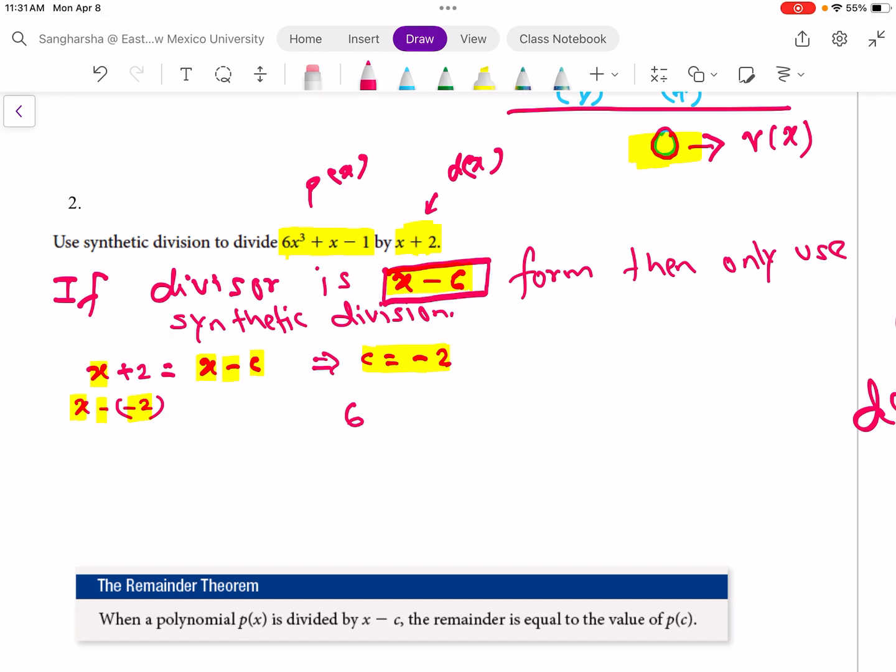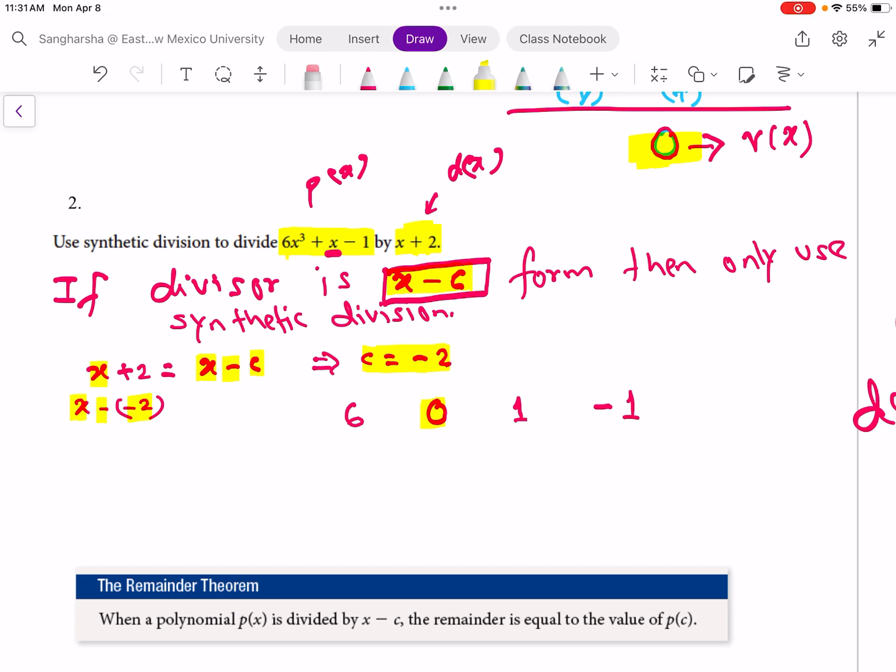Do we have an x squared term? No. And if you have any missing term, you use 0 as the coefficient. After that, we get our x term, and the coefficient of the x term is 1. And at the end, we have a constant, negative 1. So we write down the coefficient of each term, and we use 0 for any missing term.